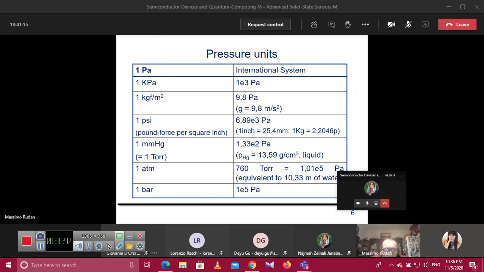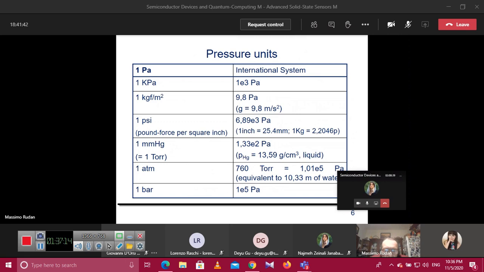Another possible unit is the unit indicated as 1 force kilogram per square meter. Okay, so it is, of course, 9.8 Pascal, because we have the factor of the gravitational acceleration in between.